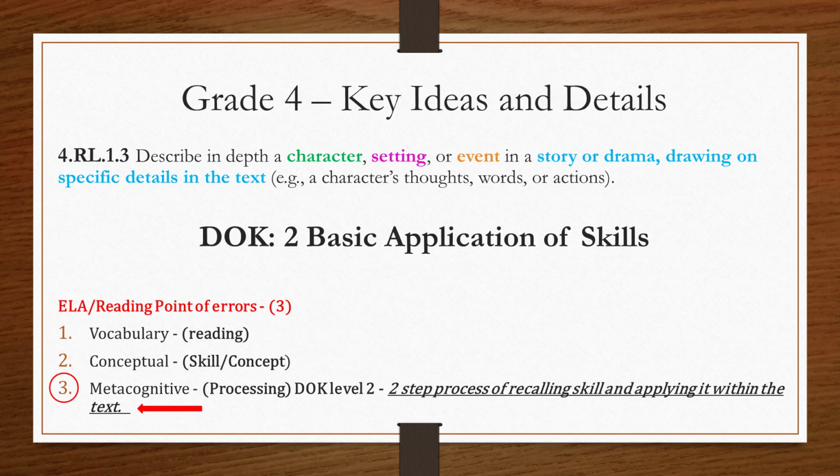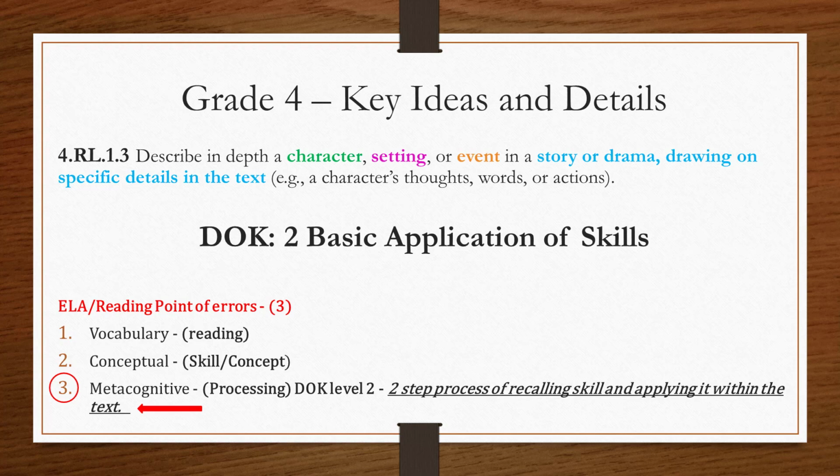Here are 3 types of reading errors that students could be struggling with. 1. Vocabulary within the text. 2. Conceptual knowledge of the standard relating back to the skill or concepts within the standard. 3. Metacognitive errors with processing of the information.